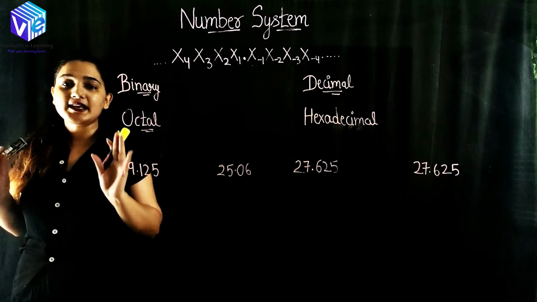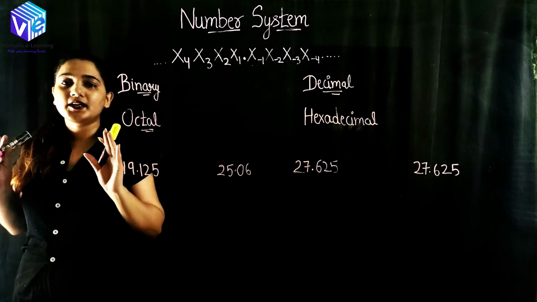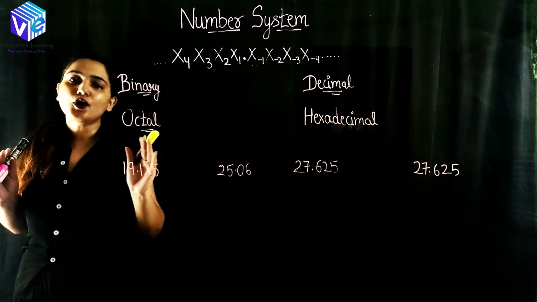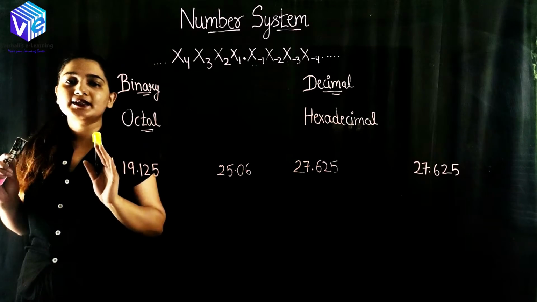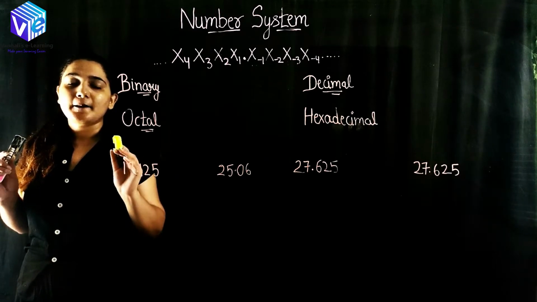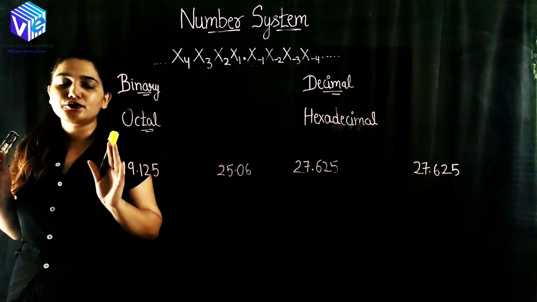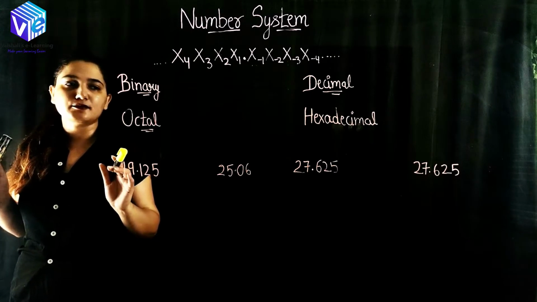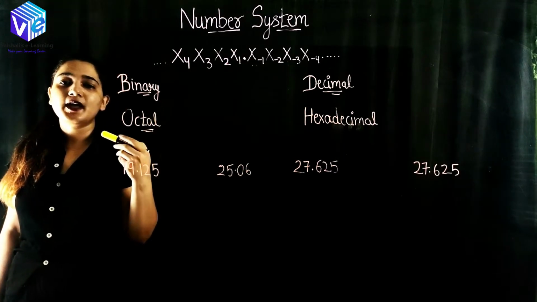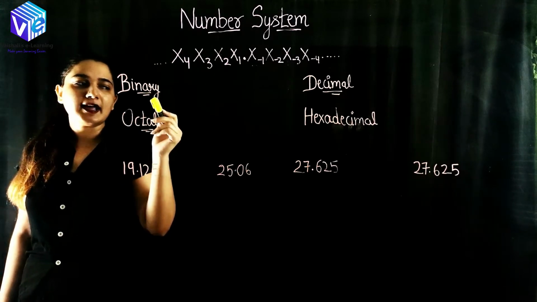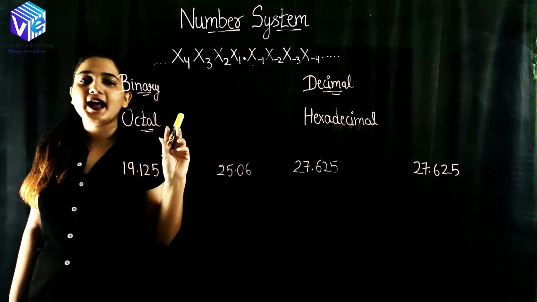We represent any number with the digits from 0 to 9. But now I am going to introduce some other number systems as well. We have already talked about decimal, and now we'll be talking about binary, octal and hexadecimal number systems.